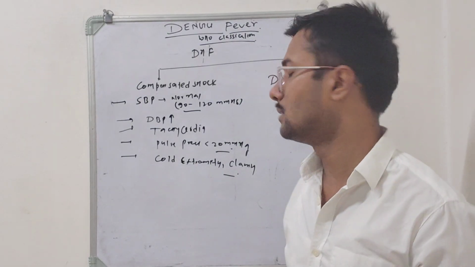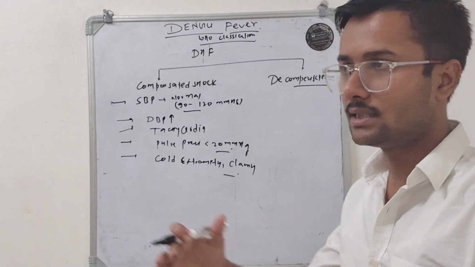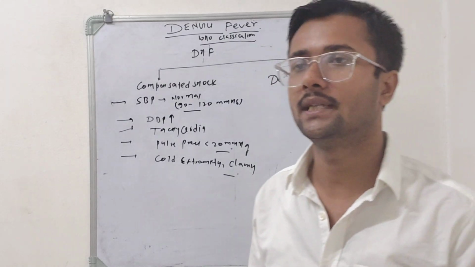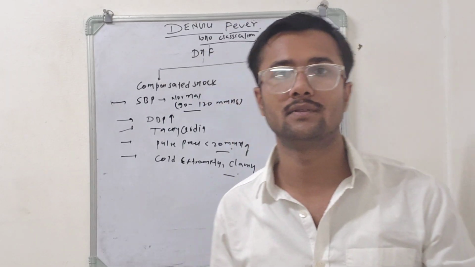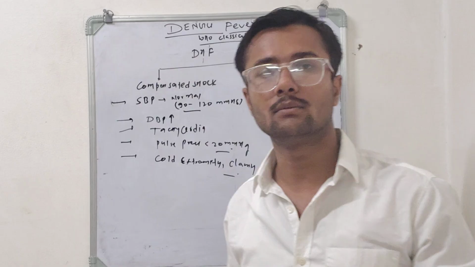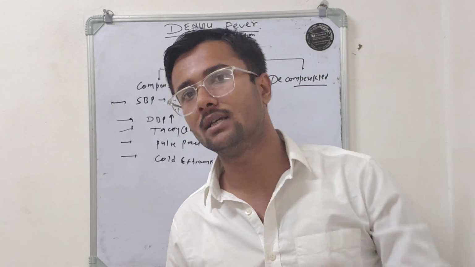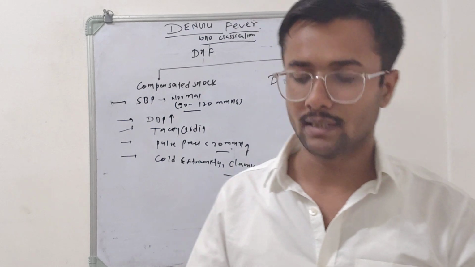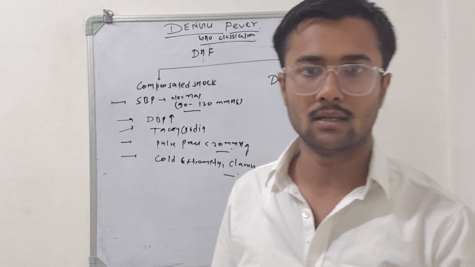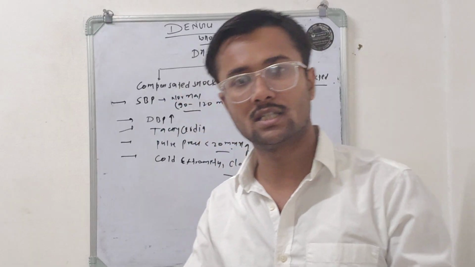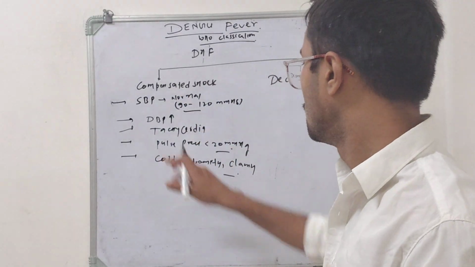And why is it clammy? Because there is stimulation of the sympathetic nervous system, and this stimulation stimulates the sweat glands. So that's why a patient has cold extremities with clamminess, and some moisture is seen over the skin.